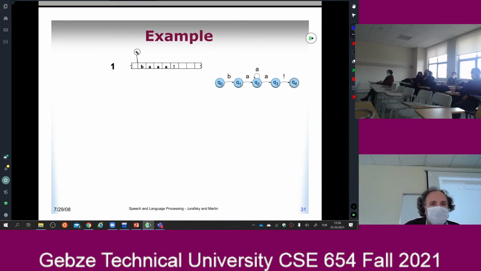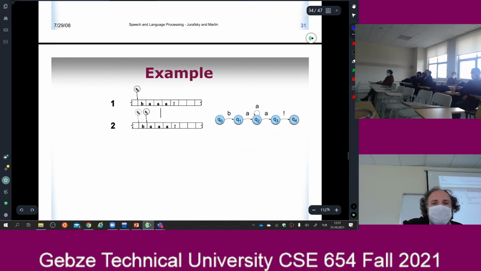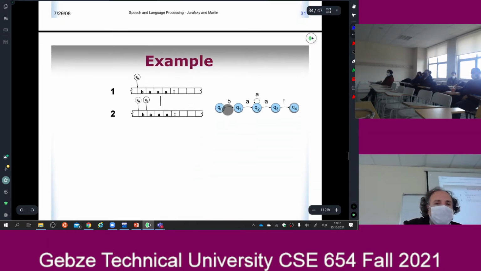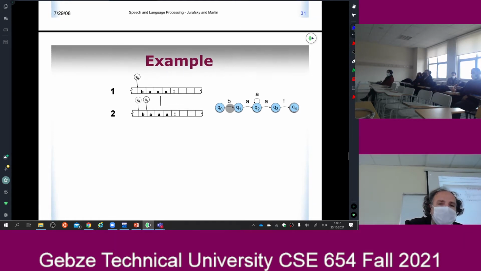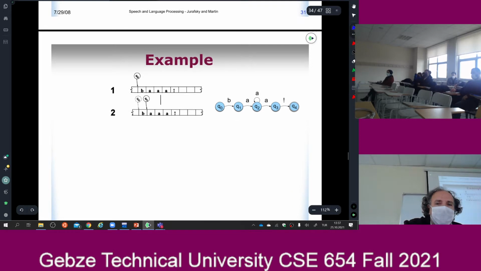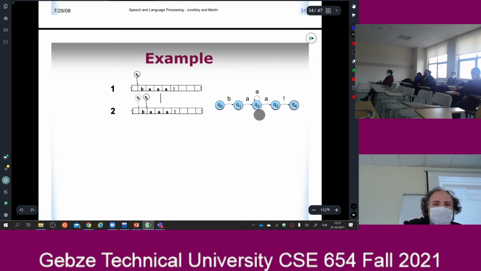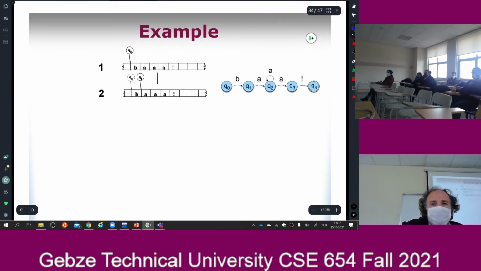If this is my input tape, and this is my finite state automata, at every step, here there is no non-determinism, everything is deterministic. When B comes, I move to Q1. When A comes, I move to Q2. But here I have two ways to go: either go to Q3 or stay at Q2.